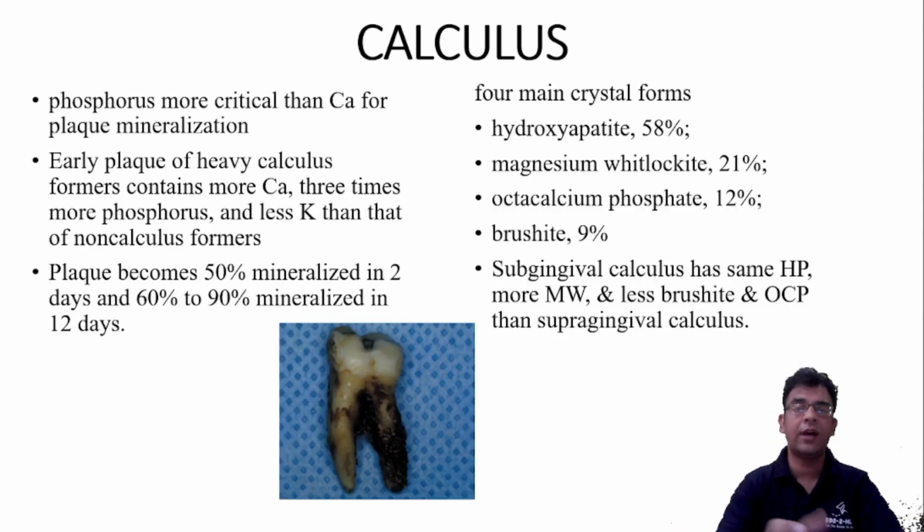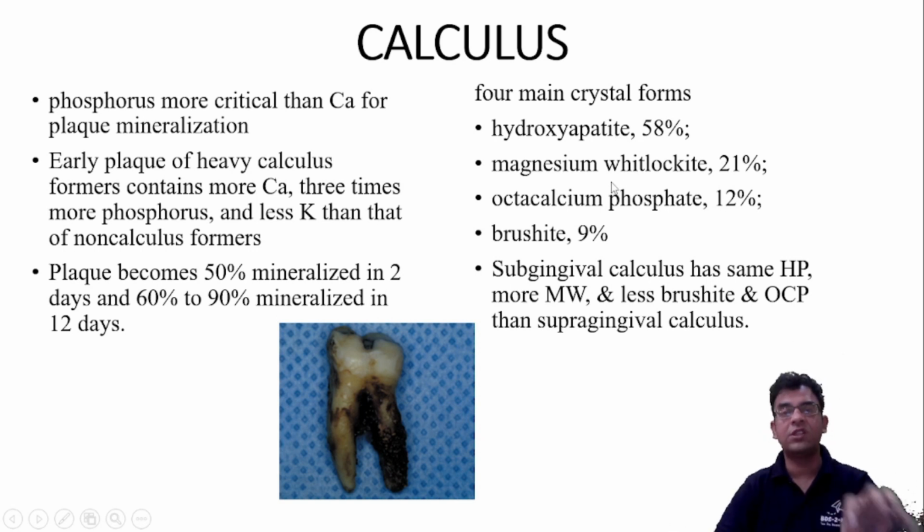Then if there is plaque, calculus has to be there, right? Crystal forms in calculus, very, very important. What are the crystal forms, in how much concentration they are present, okay, and in which region, which type of calculus dominates. Okay, this is again a straightforward question, but you have to remember, you cannot get confused.